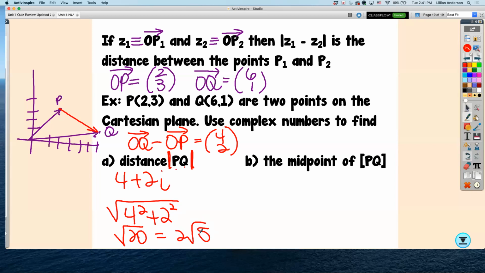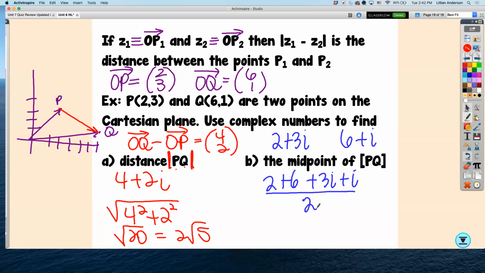Midpoint, using complex numbers, is we would take essentially the complex number for P and the complex number for Q, which was 2 plus 3i and 6 plus i. And we actually would do the old school midpoint formula with it. I add my reals, add my imaginaries, and then divide by 2.